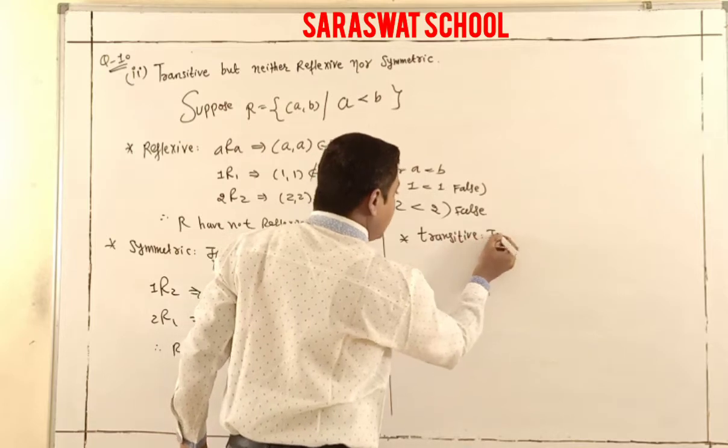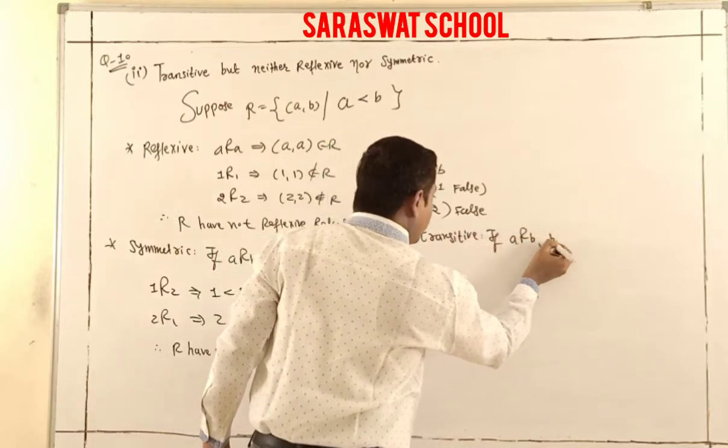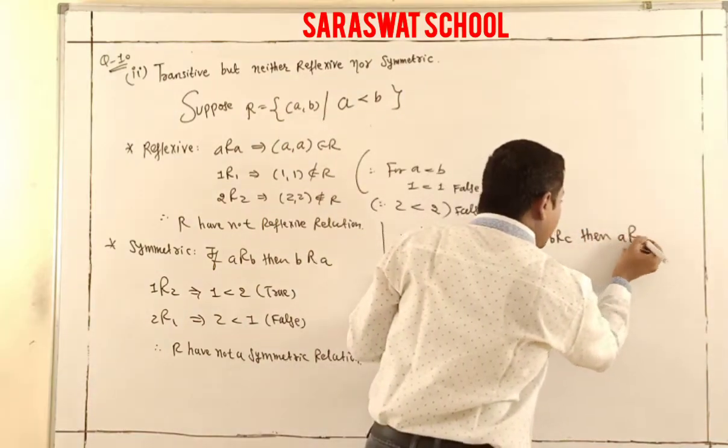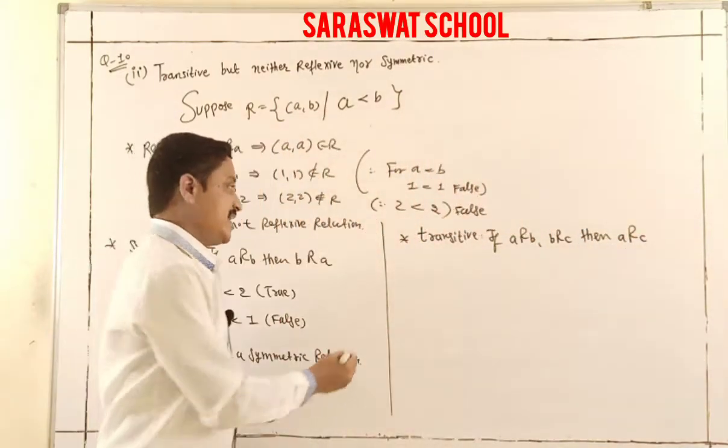Transitive rule: if A relation B and B relation C, then what do you say? A relation C. Yes, definitely.